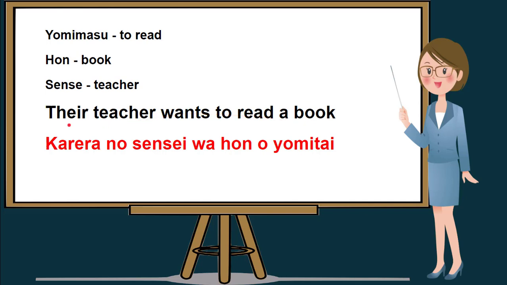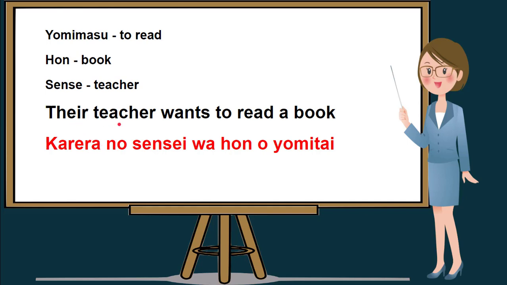So, first of all, we will be translating word by word. There is karera no, but take note that karera is for males. For possession, there we will also be using no. For female, we will be using kanojo tachi no for there.